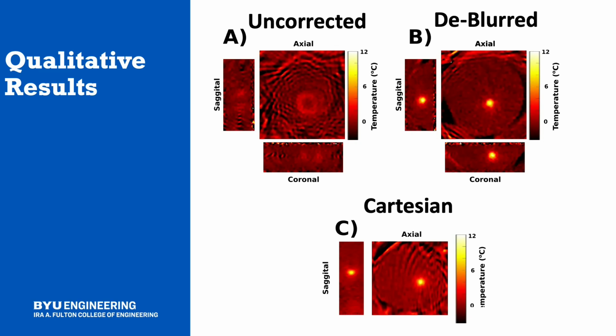When uncorrected, the hot spot is blurred out in size and has a very low peak temperature. Deblurring using the maximized energy objective recovers the hot spot, which shows in this figure a qualitative similarity to the hot spot observed using the clinical Cartesian thermometry sequence.